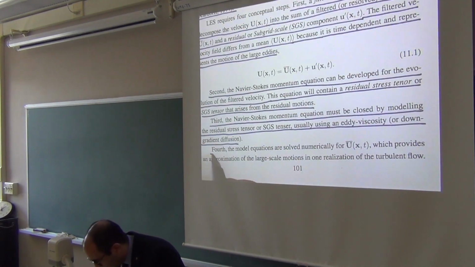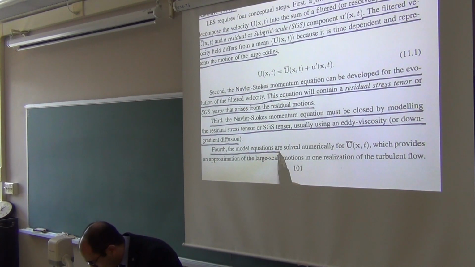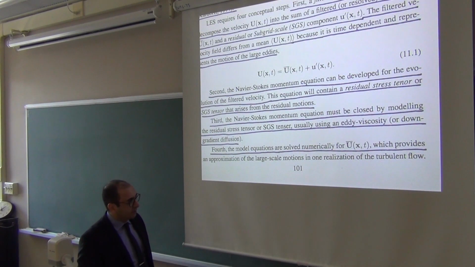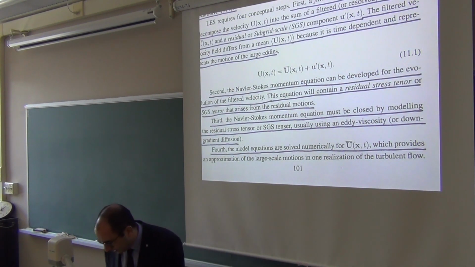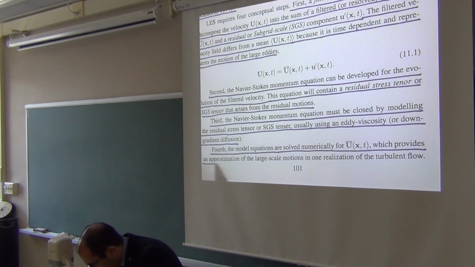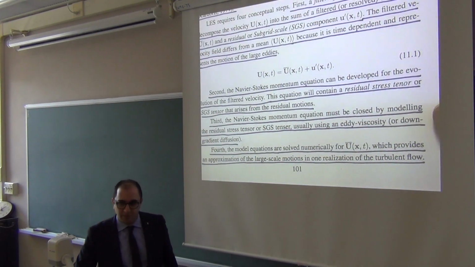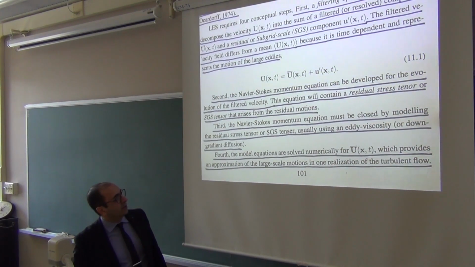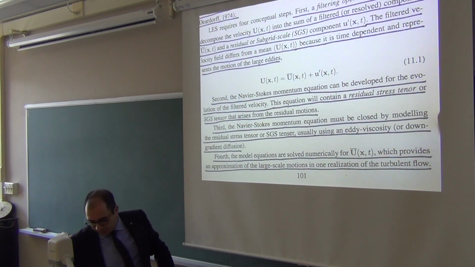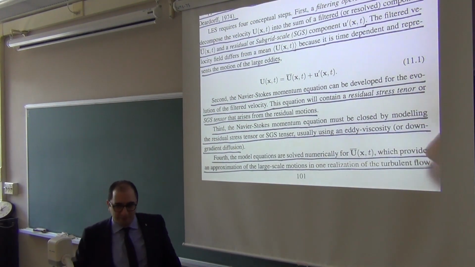And finally, the model equations are solved numerically now only for the spatially filtered one, which provides an approximate solution for the large scale motion or the realization. And in my picture I showed that to you. So these are the 4 steps involved. So now what I should do is explain in more detail what the second and third steps look like. So that will be the next step.